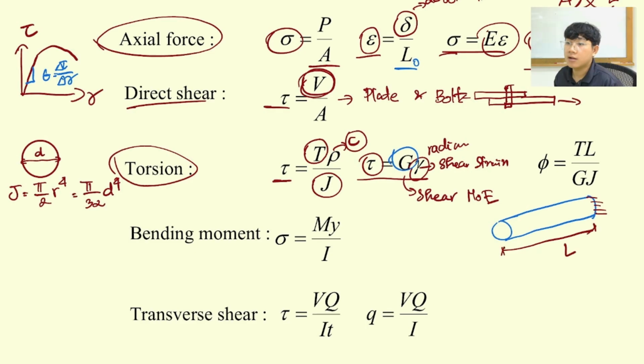We measure L. Okay, and then what else did you do last time? You get the sample, you measure L, and then the diameter. You measure the diameter over here, and next you're going to apply the torque over here.